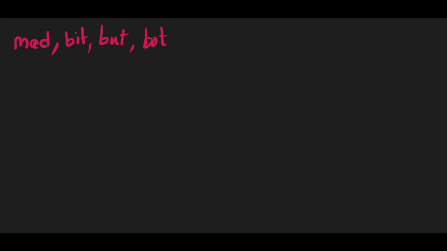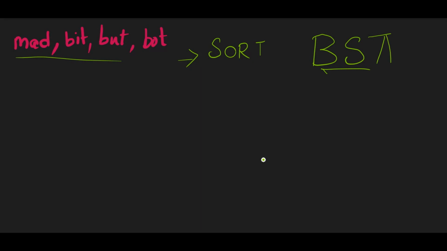Okay, we have these four words, and now if we had to somehow store these set of words and then search for it, obviously from our background knowledge we can think if we can sort this, then we can probably use the binary search algorithm to search for the target element from the sorted list of characters or set of words.